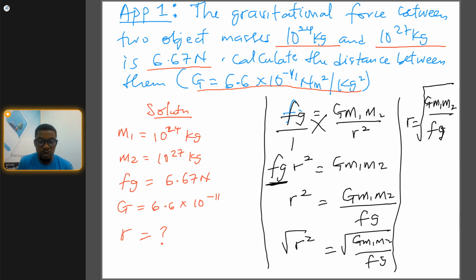So permit me to clean this portion. I believe it's clear to us. Can I clean this portion so we can solve the numerical aspect of it? Okay, so I'm going to clean this portion so we can proceed to solve with the values given to us in the question.